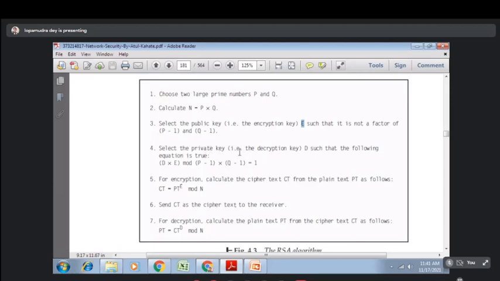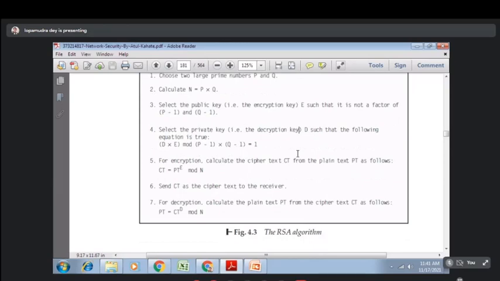The private key is used as the decryption key. That's why it is notated as D, such that D into E mod of P minus 1 into Q minus 1, which is what we calculated here, should be equal to 1. When we have chosen E and D, the encryption and decryption keys, then we can do the encryption and decryption. Suppose the plain text is PT.